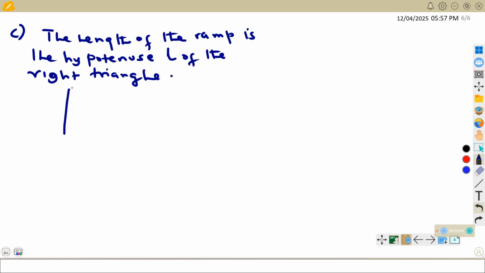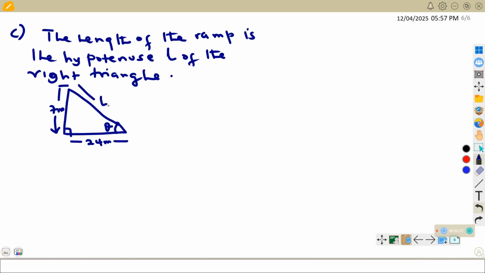So if we are having our triangle here, so we are having our angle there, and then this one here is 24, this one here is 7.